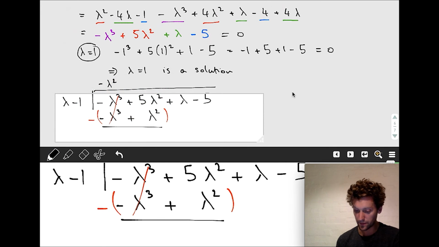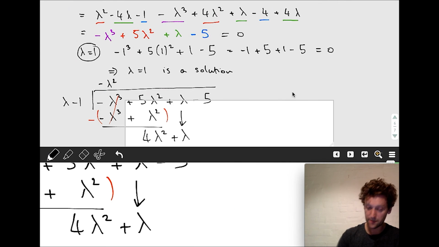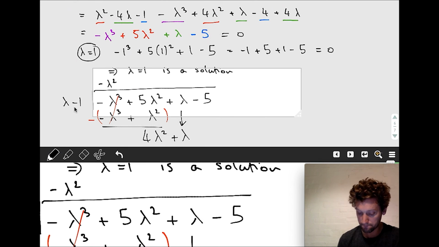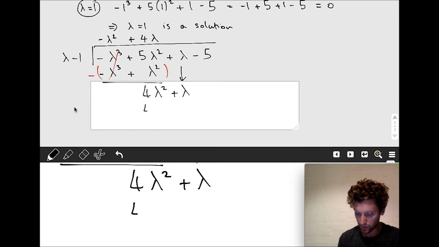And we're left with 5 lambda squared minus lambda squared is 4 lambda squared. Let's bring down the next term. I need to divide 4 lambda squared minus lambda by lambda minus 1. I'm going to do that by multiplying by 4 lambda. That gives me 4 lambda times lambda minus 1 is 4 lambda squared minus 4 lambda.